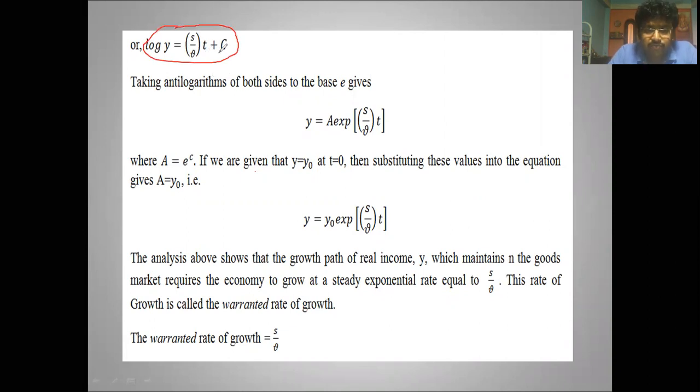Following the integration formula, now taking the anti-log, because here we have found log y, so we have to take the anti-log of it. Taking the anti-logarithm of both sides to the base e, we find that y equals a exponential (s by nu) multiplied by t.